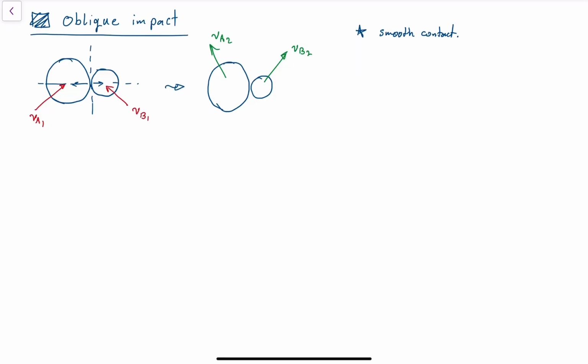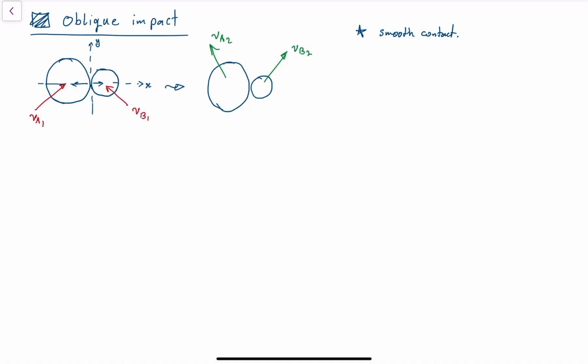And because of this, see what happens. If you look at any of these particles or objects individually, the only force or impulse acting on them is along, let's call it the x-axis. So you would expect a lot of things happening along x because of these impulsive forces, but along y, along the plane of contact, there's actually no force.